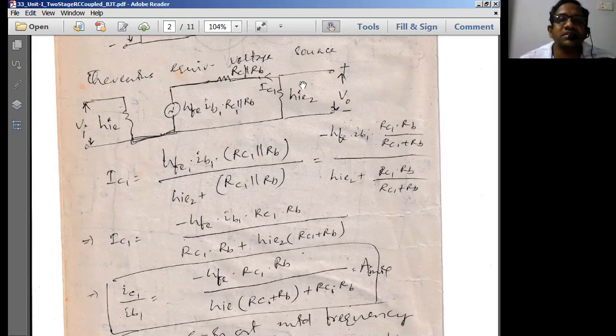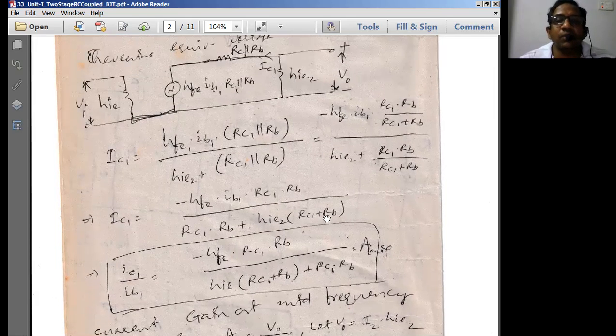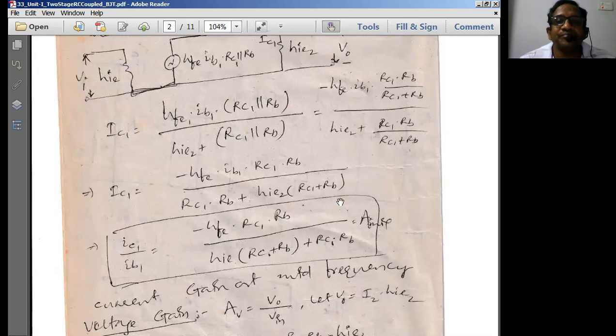What is the total resistance of the circuit? HIE2 plus this resistance. So I get this particular equation. Now we expand RC1 in parallel with RB as RC1 multiplied by RB by RC1 plus RB. It is the expression for the parallel resistor values.